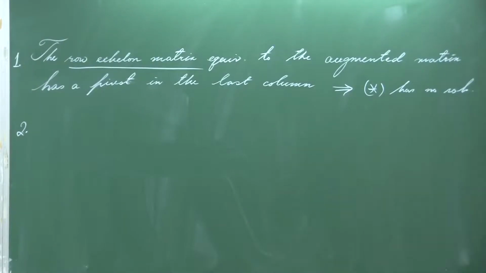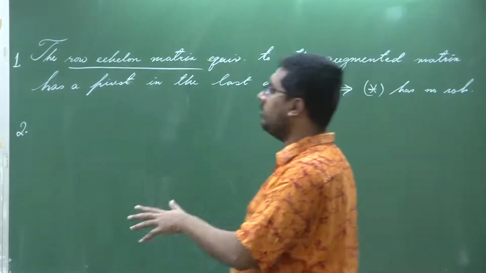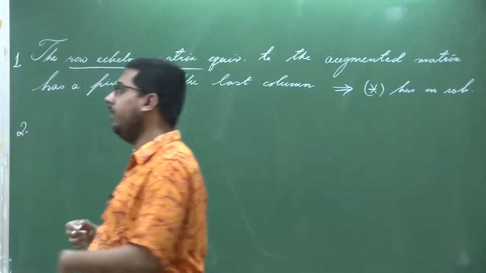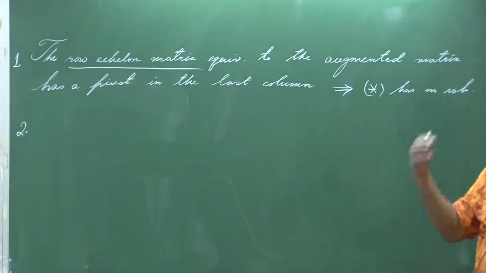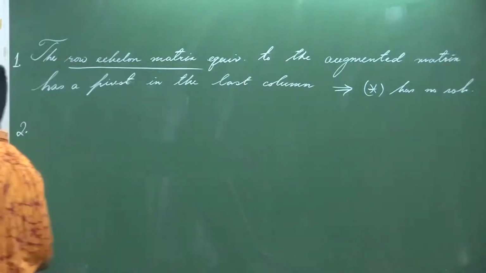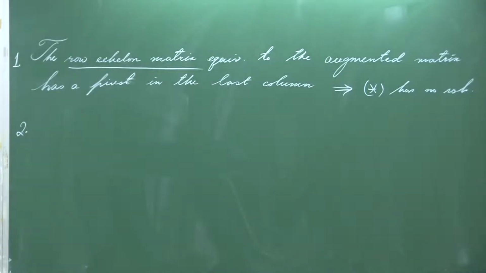Now, we ask the opposite: suppose the last column of this matrix does not have a pivot, can one show the given system has a solution or not? Let us also see that. That is also quite easy to see.